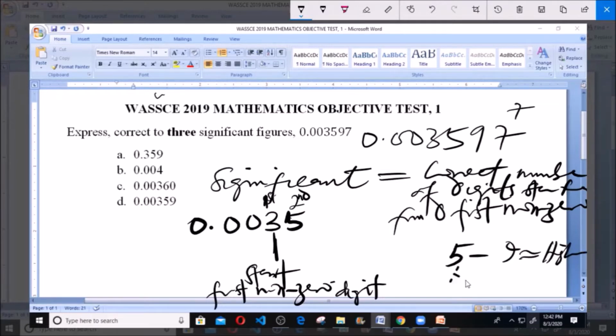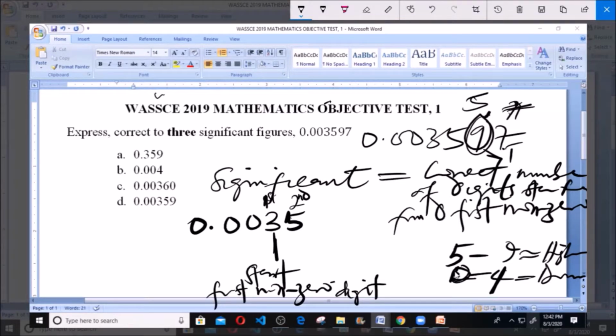But if the number is from 0 to 4, you approximate downwards. So this number after 9 is 7, so it is more than 5, so you take it up. So this 9 will be taken up because the number after 9 is greater than 5.